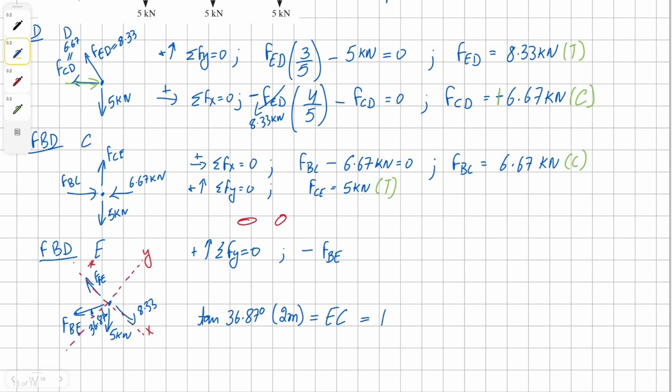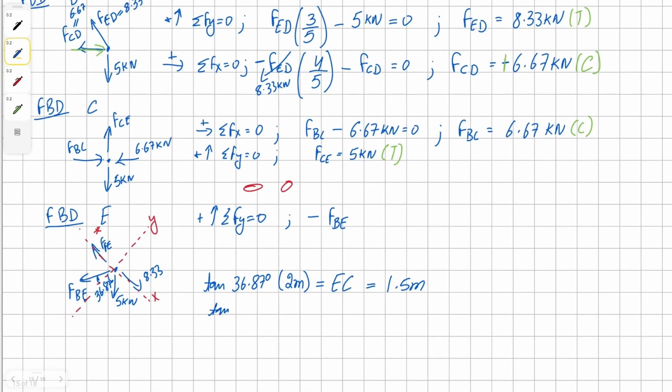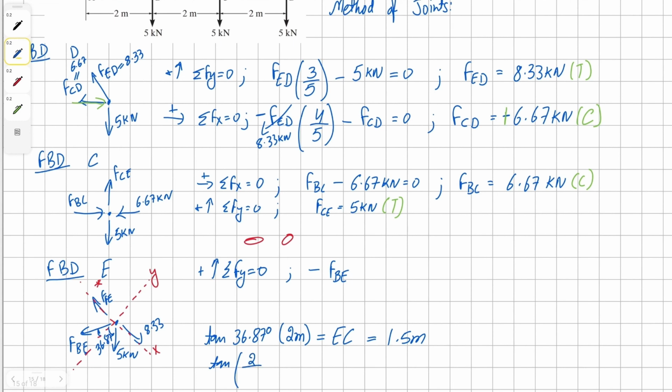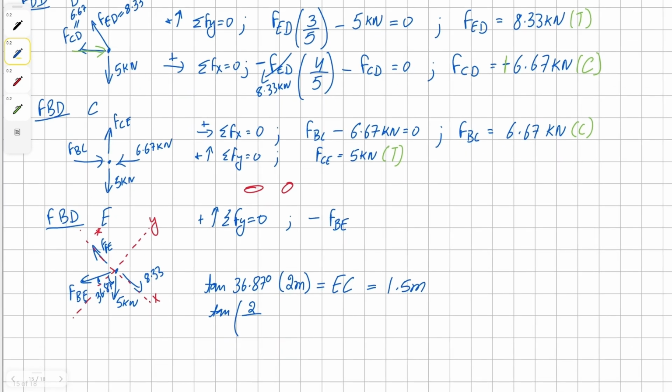Solving for EC, we get our length for EC as 1.5 meters. We can use our newly found length of EC using tan to get our angle BEC.